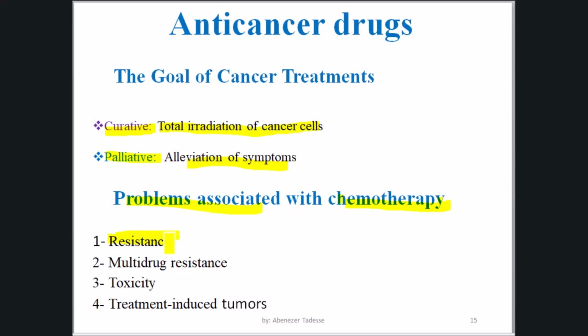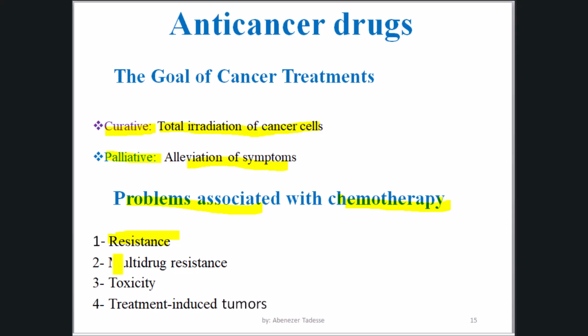The drug can activate various enzymes that deactivate the drug, and there is increased expression of various transporters that efflux the chemotherapeutic agents out. The other one is multi-drug resistance.